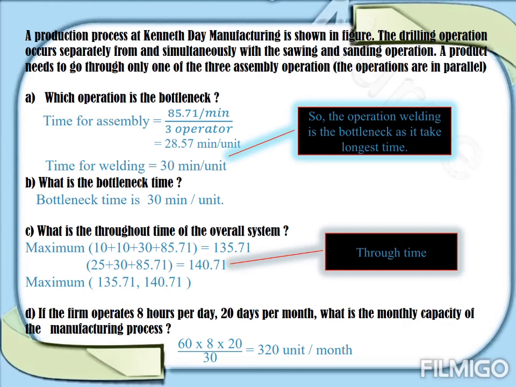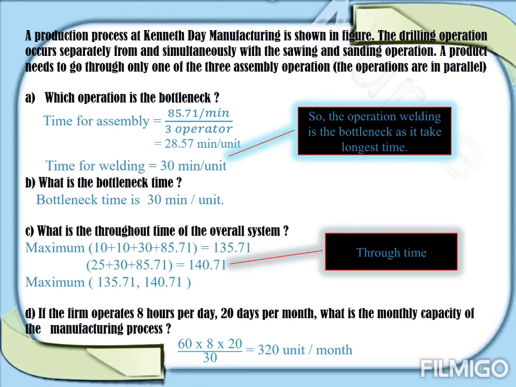The sawing, sanding, welding and drilling time consumption remains unchanged. For assembly, the time consumption will be 28.57 minutes per unit. I emphasize again, this is because a product needs to go through only one of the 3 assembly operations.